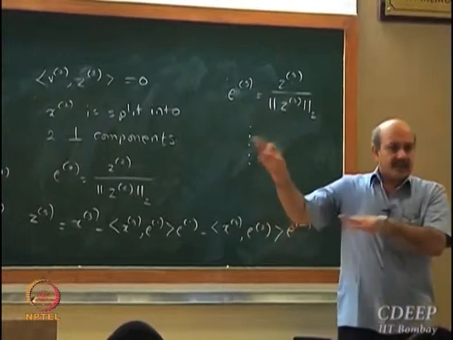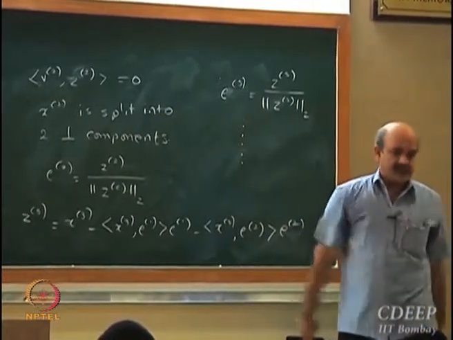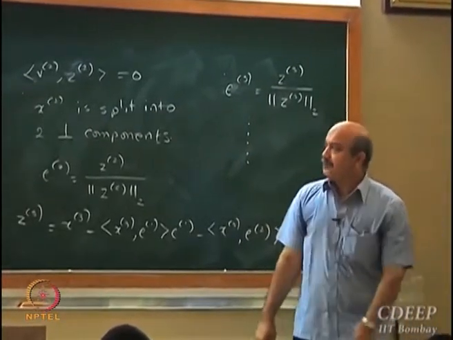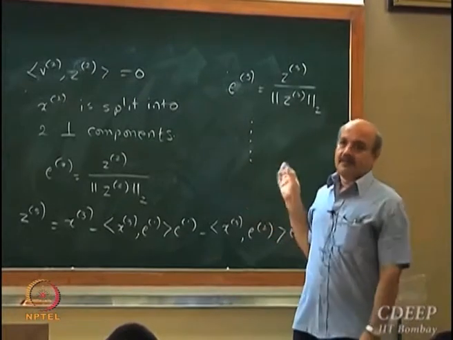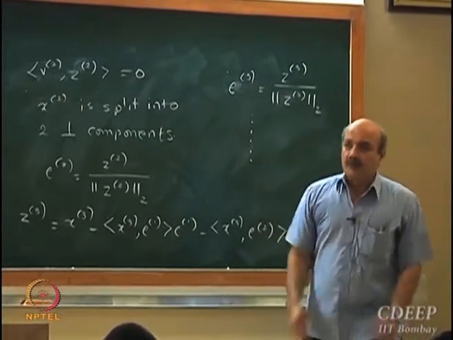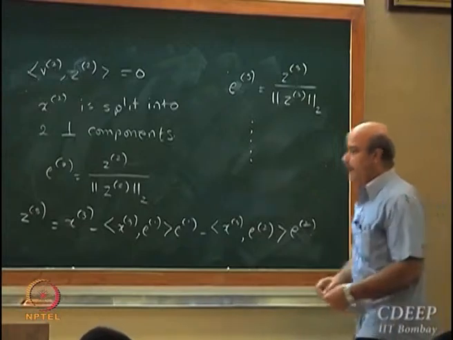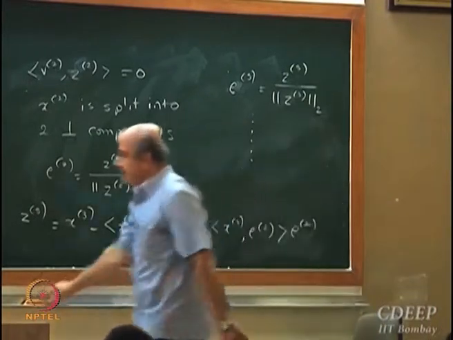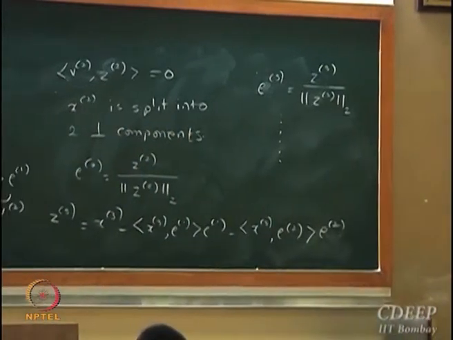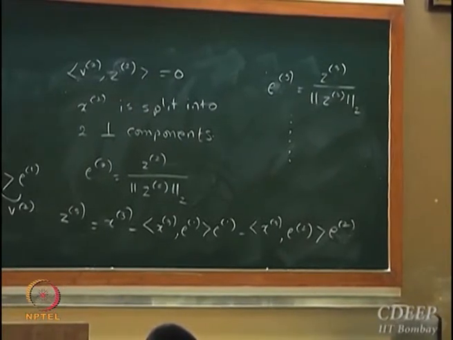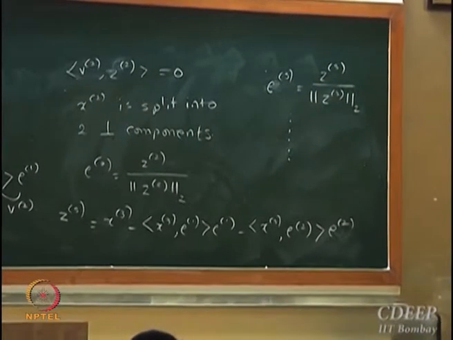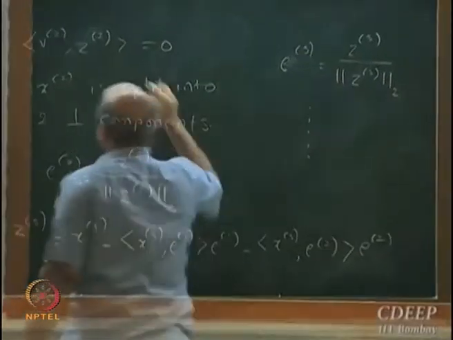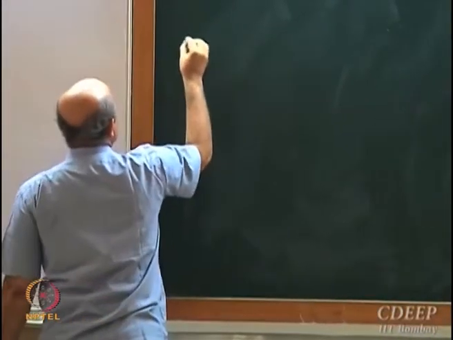So now let's start today doing some things. Let's actually look at some examples, and let's create some orthogonal sets starting from some non-orthogonal sets. So my first example is going to be in R3.